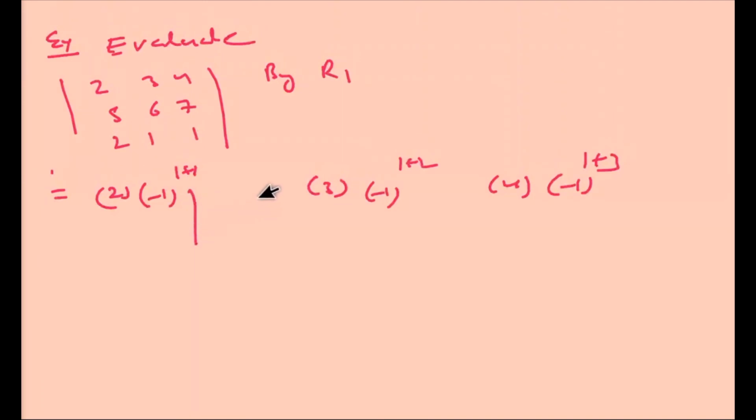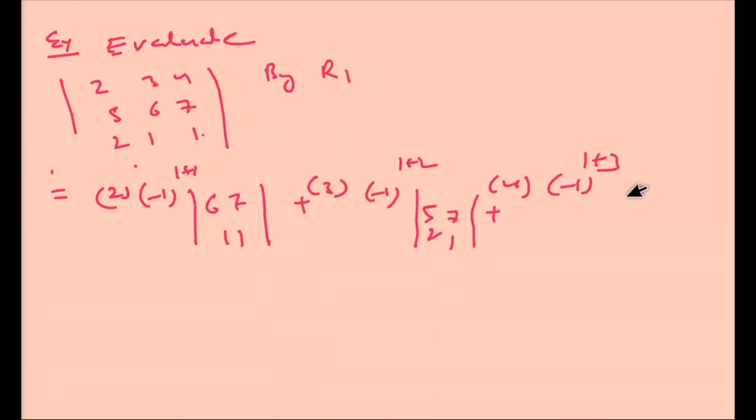Now using minors of A11, leaving row 1 and column 1, we are left with 6, 7 and 1, 1. Okay, add here, and the minor of A12, first row and second column, we are left with 5, 2, 7, 1.